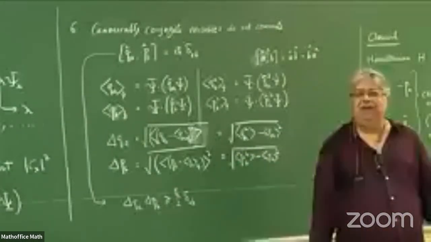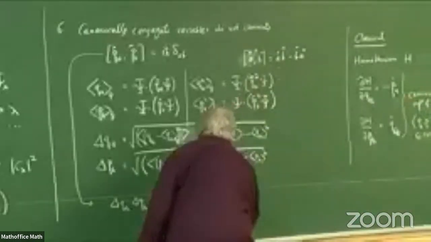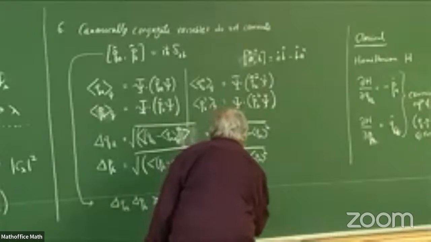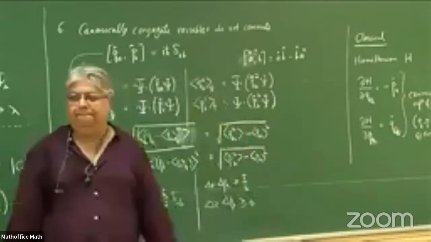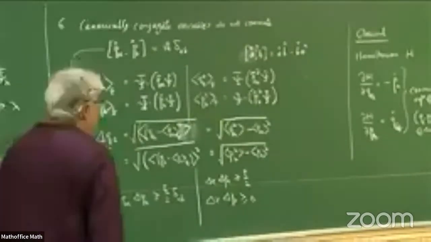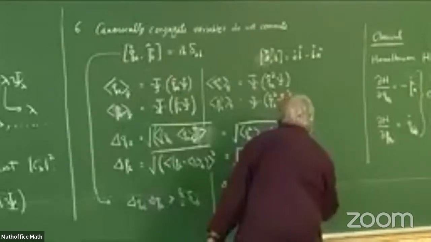For example, if I take delta X and delta P_X, indeed that is greater than h bar by 2. But if I take delta X and delta P_Y, that is greater than or equal to 0, but that's trivial. This result, of course, is known as the uncertainty principle.